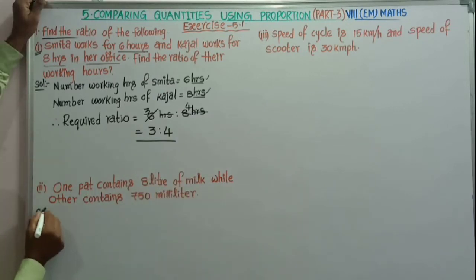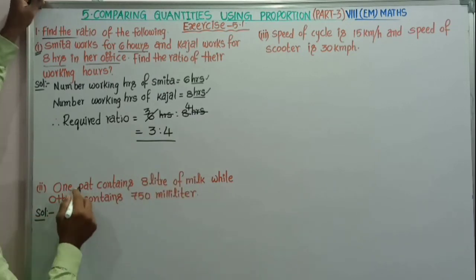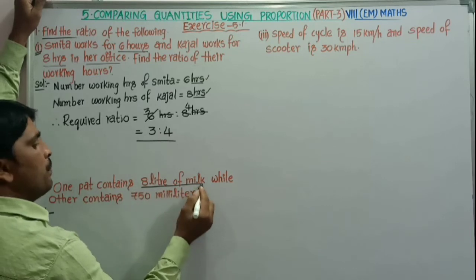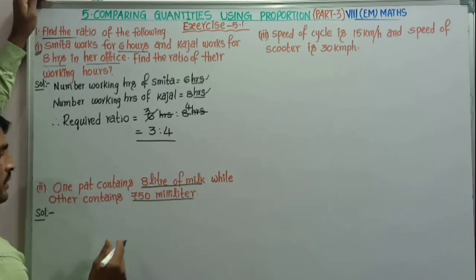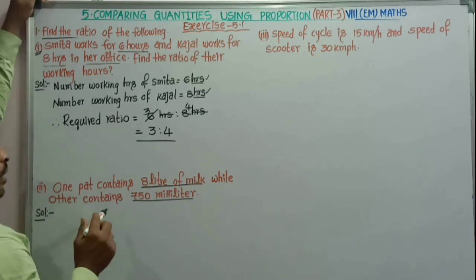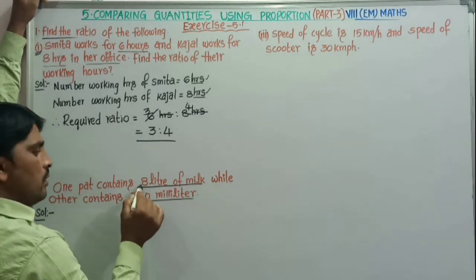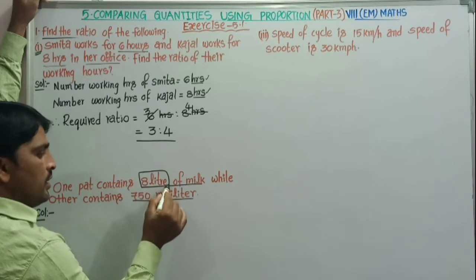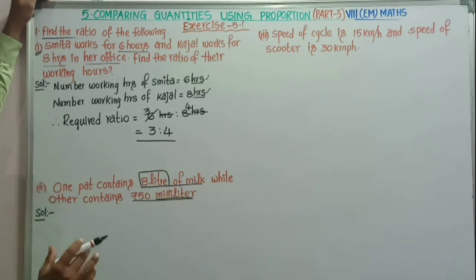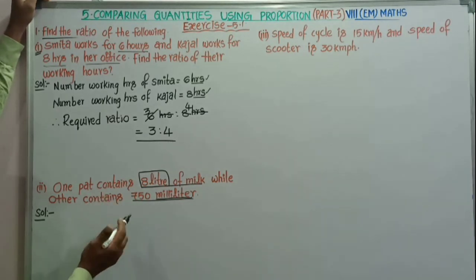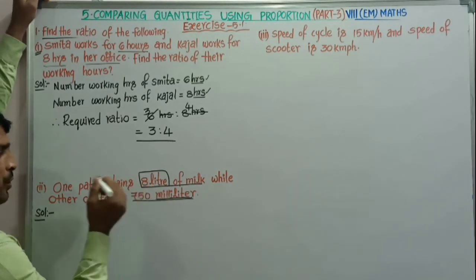Second one. One pot contains 8 liters of milk while the other contains 750 milliliters. Here units are liters, here units are milliliters. But we compare two quantities of the same kind, which means they must have the same units.